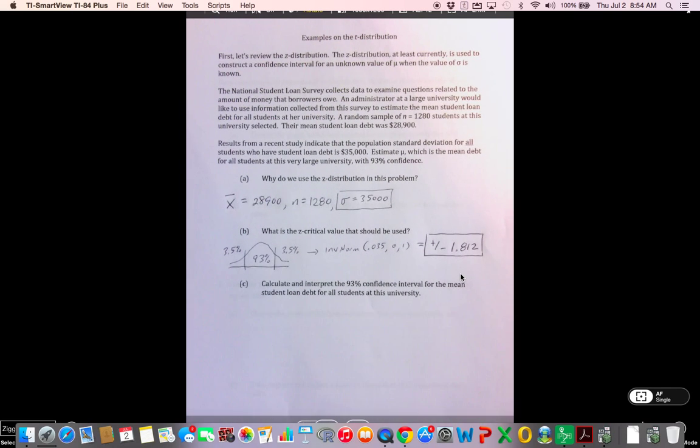Now, the next thing says calculate and interpret the 93% confidence interval for the mean student loan debt for all students at this university. I don't know about you, but we got 2 options here. We can use the formula or we can use the calculator. I'm using the calculator.